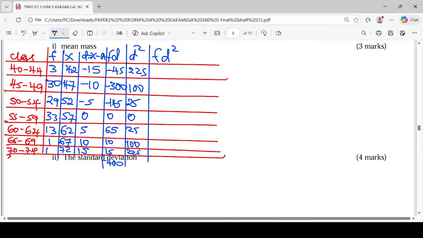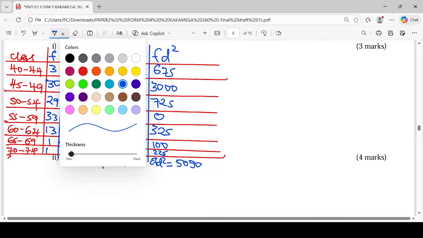So for instance, 3 times 225, that becomes 675. 30 times 100, that will become 3000. 29 times 25, 725. 33 times 0 is 0. 13 times 25, that is 325. 1 times 100, that's 100. 1 times 225, that is 225. Then the summation of FD squared here is giving you 5050. We are now done with that part.